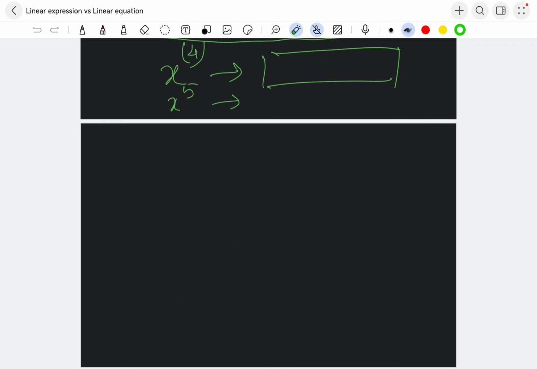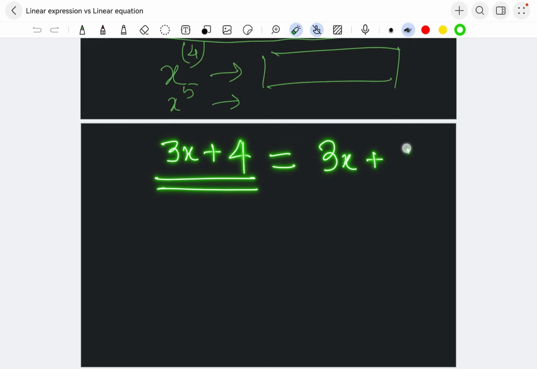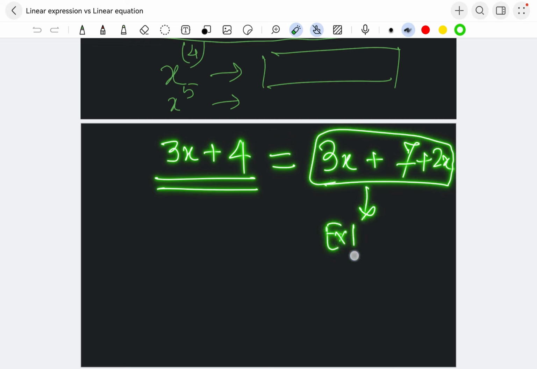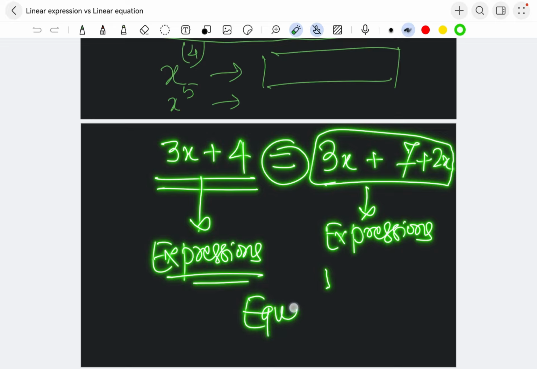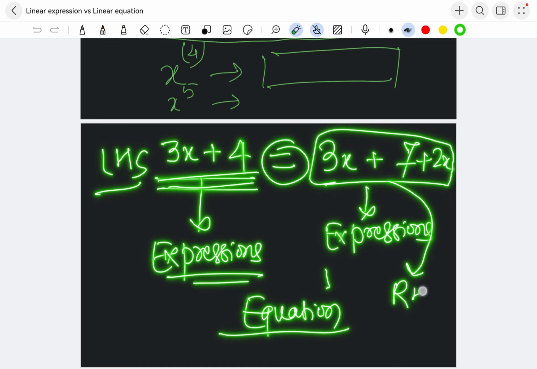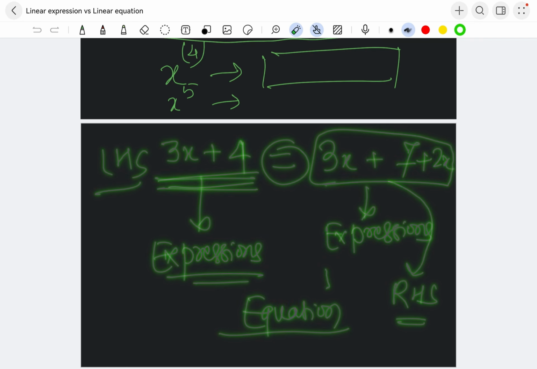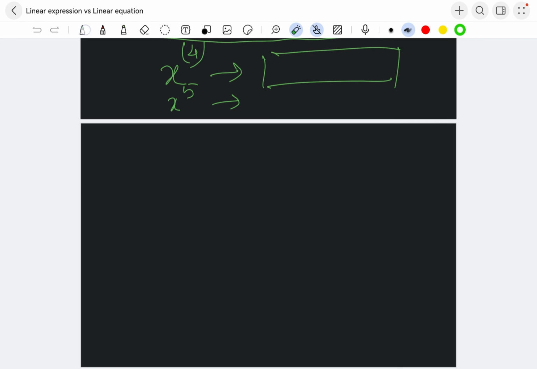So if 3x plus 4 is an expression, and this expression is equated with another expression, 3x plus 7 plus 2x, which is also separately an expression, then see this: if two expressions are equated with an equal sign, that means it is an equation. Here is the LHS, left hand side, and here is the RHS, right hand side section. Whenever two expressions are equated, that's known as an equation.